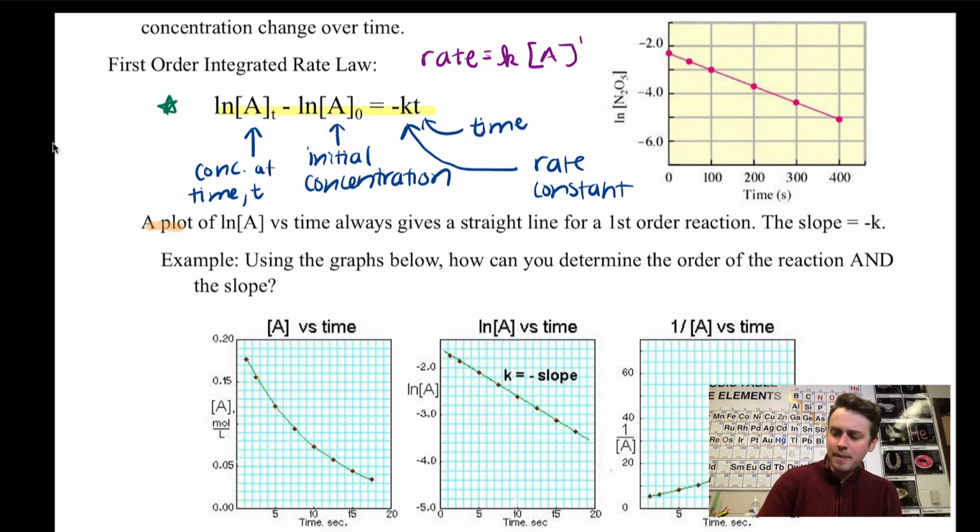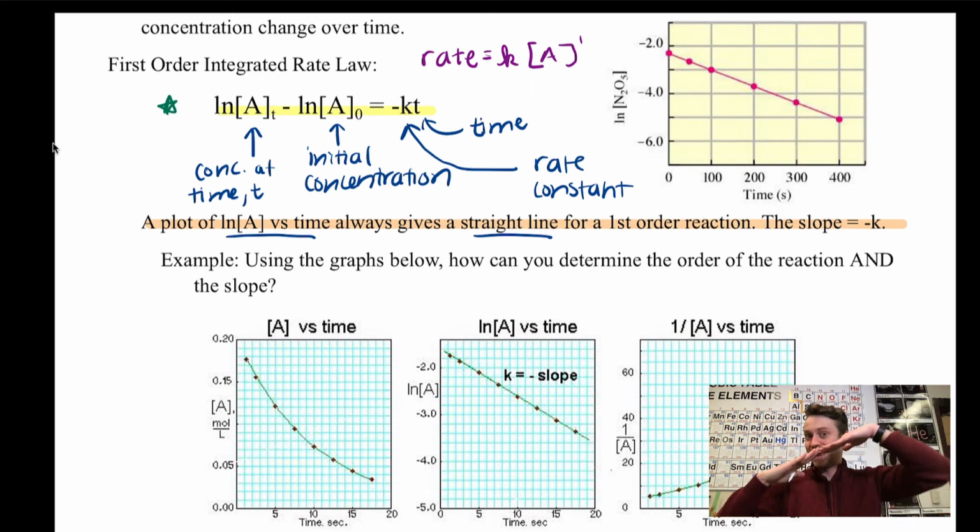And so what ends up happening is when I plot the natural log of A versus time, and I have a straight line, then I know that it is a first order reaction.